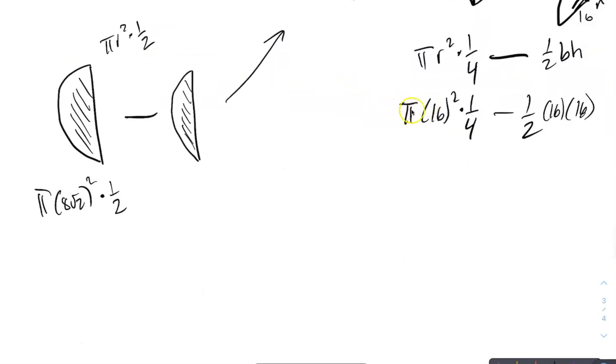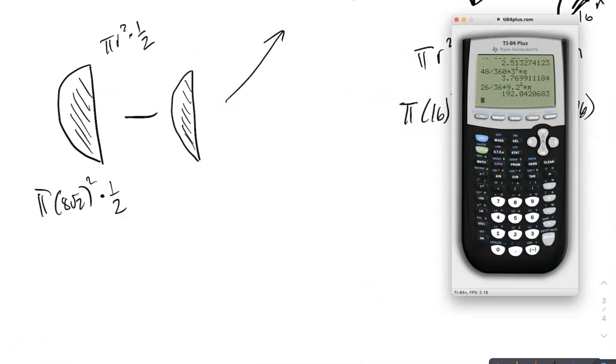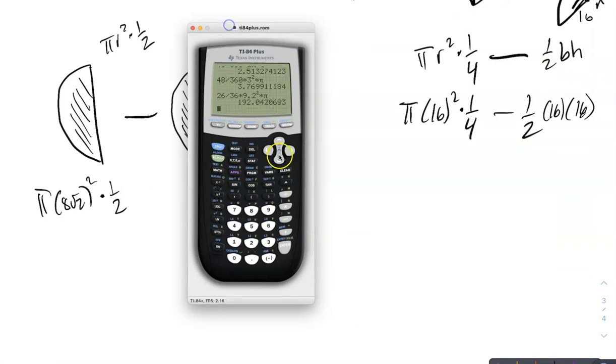So I get all that. I guess I'll just put that on our calculator. There we go. So I'm going to get pi times 16 squared times 1/4 minus 1/2 times 16 squared.